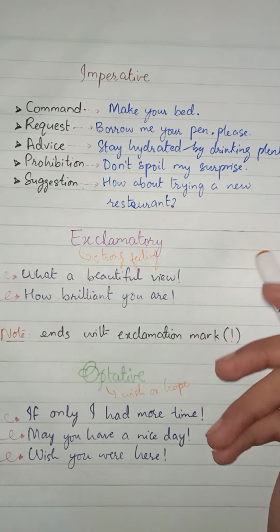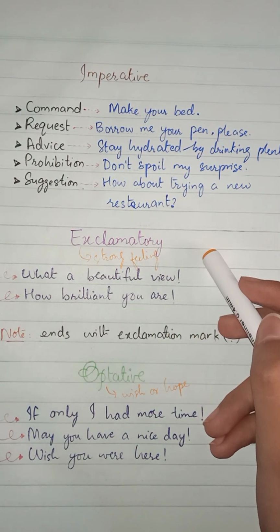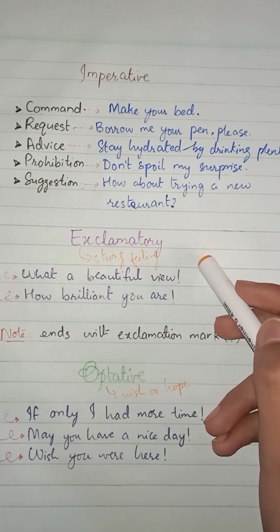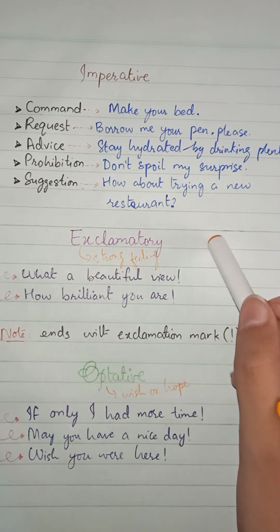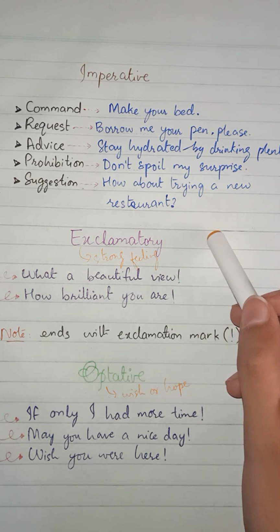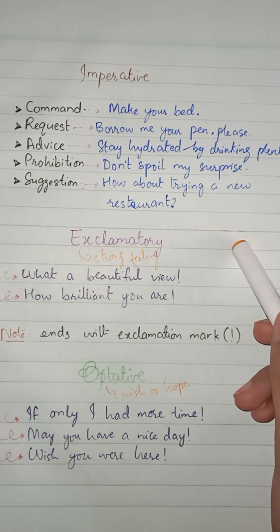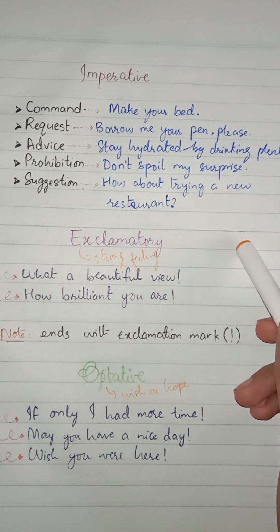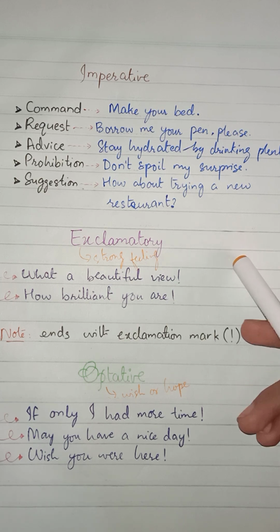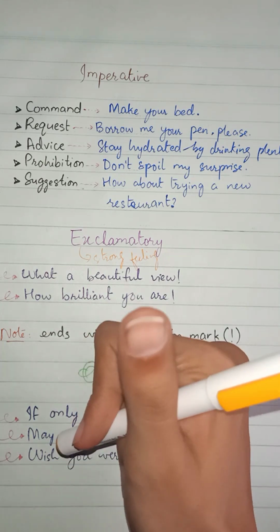I hope you got the concept of the sentence, and I really want you to practice the types, write down the examples, practice speaking them, and build your communication skills.